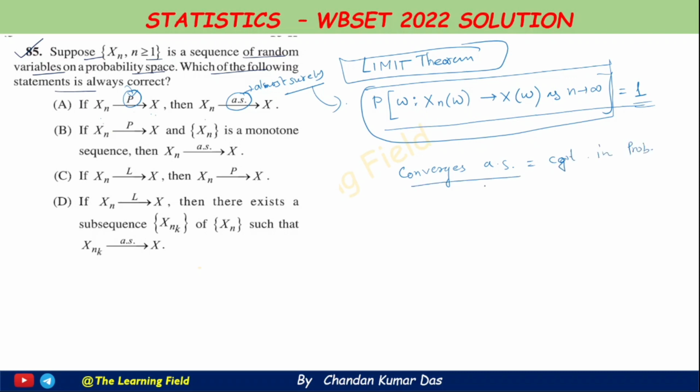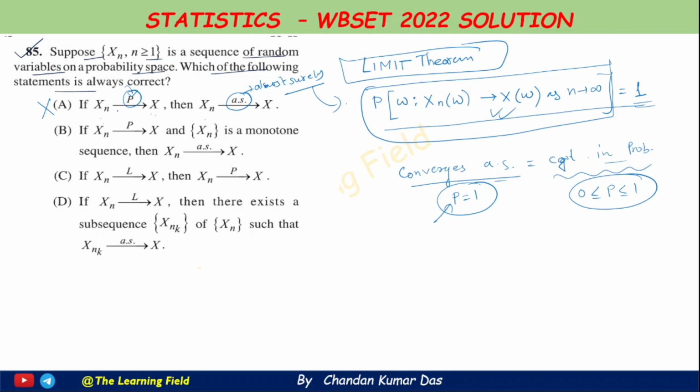Because this is only the case when probability equals 1, but probability belongs to 0 to 1. Only in the case when probability is 1 is this the definition of almost sure convergence. That means convergence almost surely implies convergence in probability but not conversely. I think this is clear. That means option A is not correct.